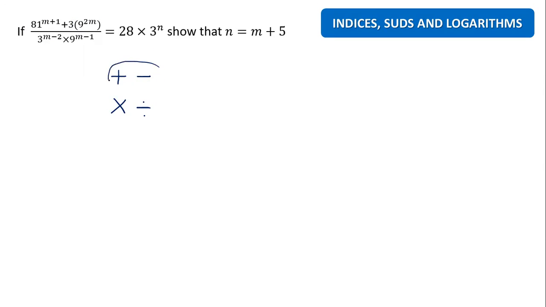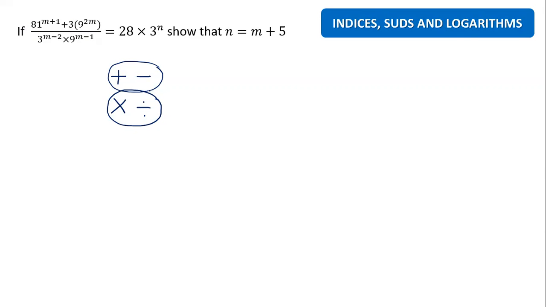For plus and minus in indices, we will try to use the factorize method. For times and divide, we will try to combine them. When you combine times, it is going to be plus. When you combine divide, it is going to be minus.